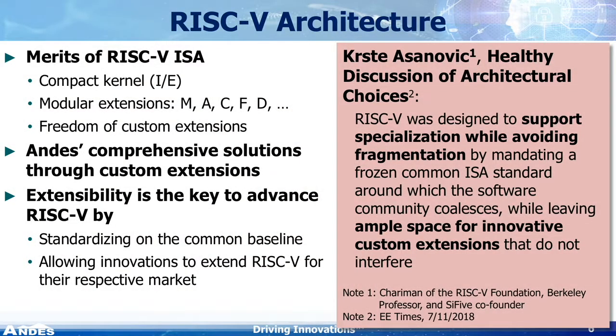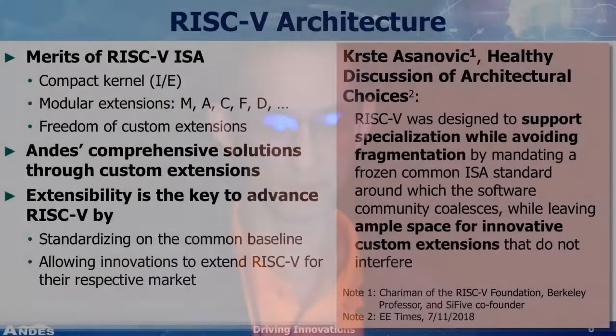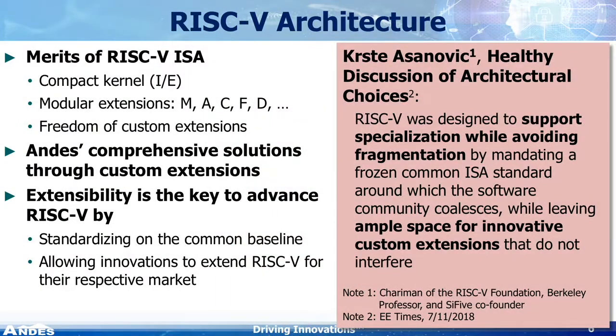He said RISC-V was designed to support specialization while avoiding fragmentation. So how do you do that? Basically, you follow the common ISA and use that as the standard to build a software ecosystem, but you still leave ample space for innovation based on extensions.